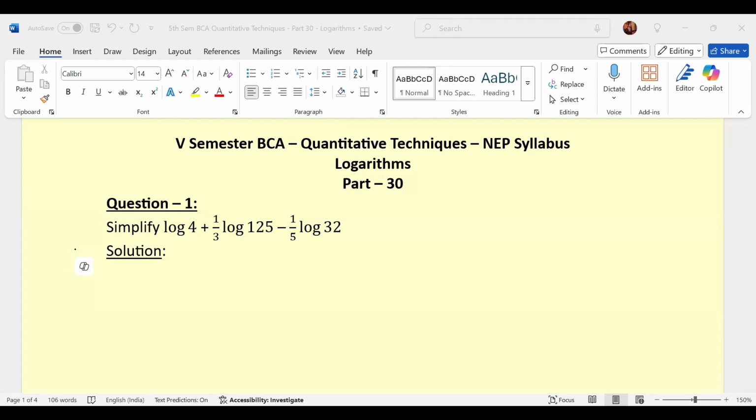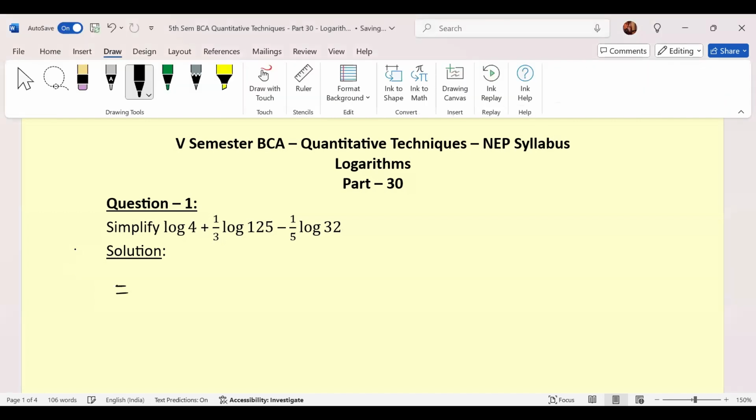First of all, we will write logarithm of 4 as logarithm of 2 square, plus 1 by 3 times logarithm of 125 can be written as logarithm of 125 to the power of 1 by 3. Similarly, minus 1 by 5 can be taken to the power and we can write it as log 32 to the power of 1 by 5.